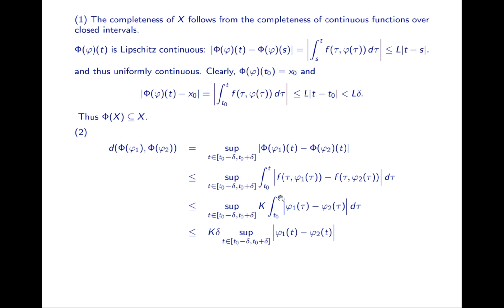Furthermore, the distance between t0 and t is also bounded by delta. So this integral is less than this distance times the largest this integrand could possibly be, the supremum of the integrand function. And of course, we know that the largest this can possibly be is exactly the definition of the distance between phi1 and phi2.